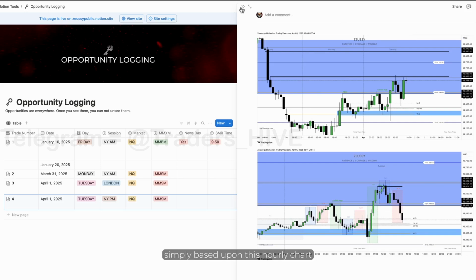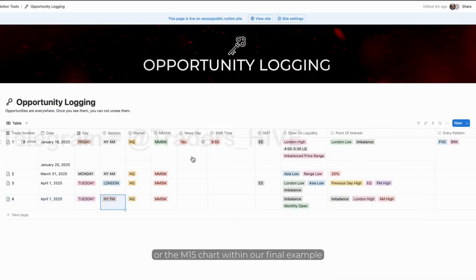Meaning simply based upon this RE chart, or the M15 chart within our final example, you're able to see market maker sell models, market maker buy models, etc. Everything I've taught so far throughout these lectures has to do with recognizing swing points. Recognizing, are we now changing from a sell to a buy program or from a buy to a sell program? That is what I want you to focus on within your studies right now.